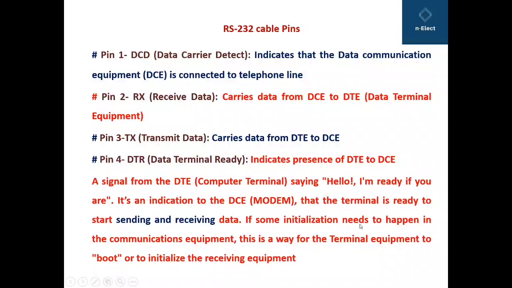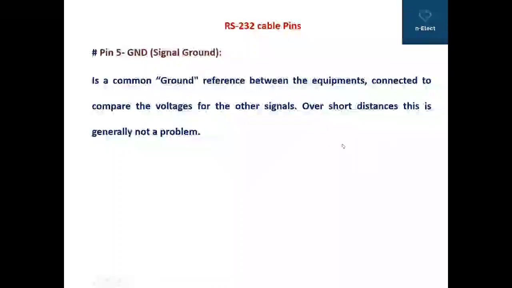If some initialization needs to happen in the communication equipment, this is a way for the terminal to boot or initialize the receiving equipment. Pin 5 is the signal ground, a common ground reference between the connected equipment to compare the voltages of the other signals. Over short distances, this is generally not a problem.